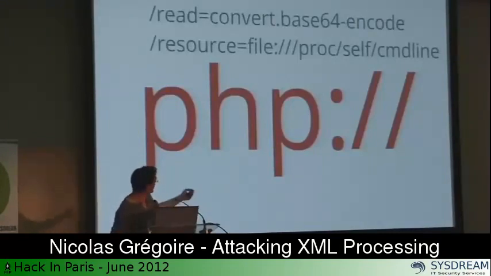So this means if you are using this kind of URL, you will tell the PHP interpreter that you want to read /proc/self/cmdline after base64 encoding. I don't know what the real use case is, but I have found one. In fact, this allows you to read any binary file which is local to the server, convert it to base64, which is legal ASCII, and then read the output from your XXE vulnerability.